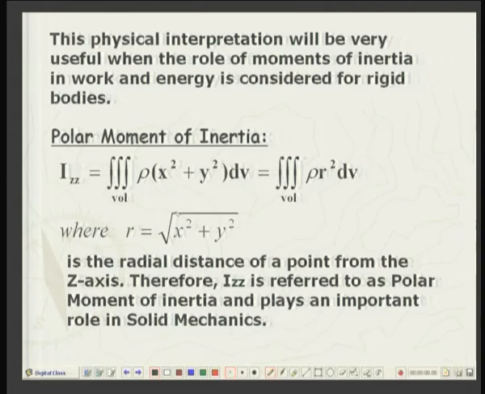R is equal to x square plus y square. Okay. So, what does this mean? You can label it as the polar moment of inertia about z axis. Similarly, Ixx can be written with y square plus z square, so it will be the polar moment of inertia about x axis. Okay. And so, in this manner we can use the concept of polar moment of inertia.